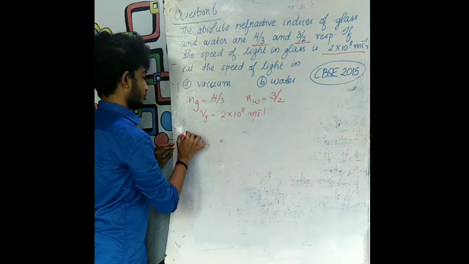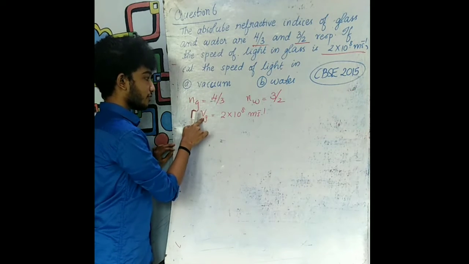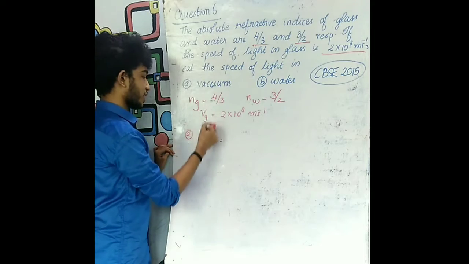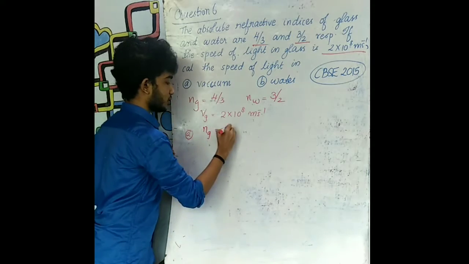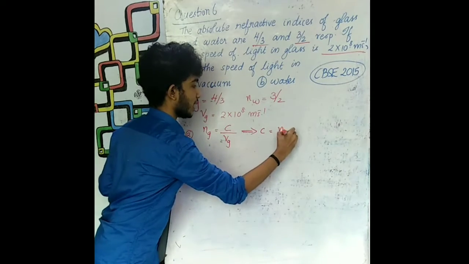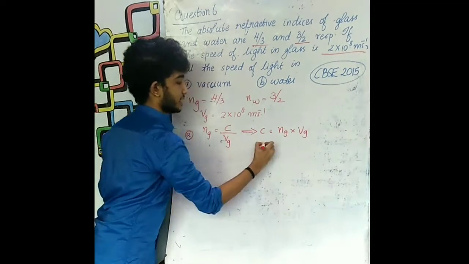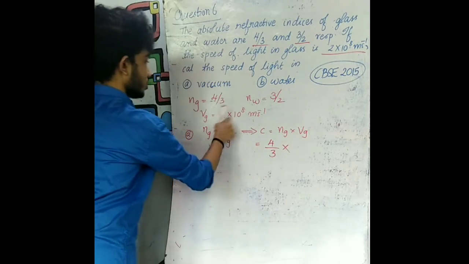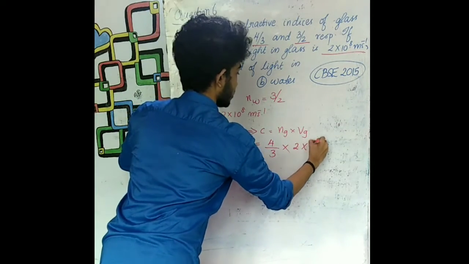So what are the information? Ng and Vg are given. So can't we find out C, speed of light in vacuum or air? What is the equation? N is equal to C by V. So that means C is equal to N into V. What is N? 4 by 3. Into what is V? 2 into 10 raised to 8 meter per second.